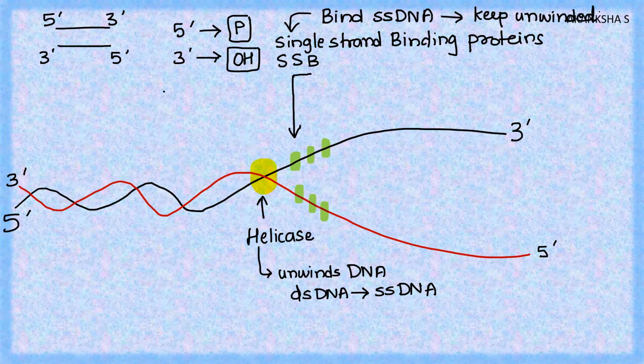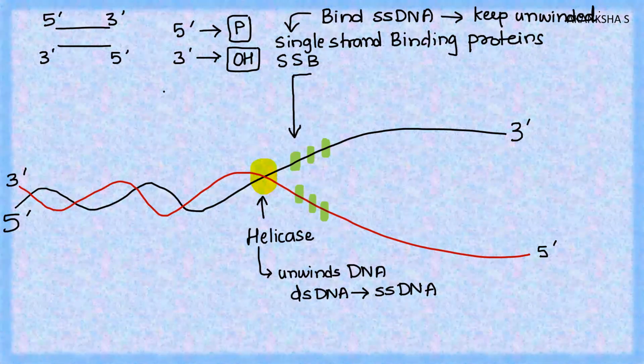Okay, so we have discussed two parameters over here. The first parameter was that DNA is already coiled up, complementary, already stuck with each other. We want the two strands to be relaxed, opened up so that we can make a copy, right?